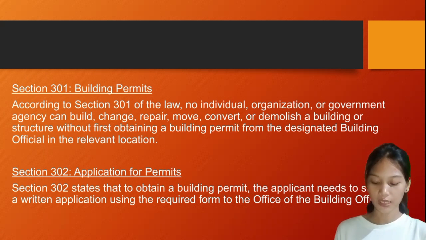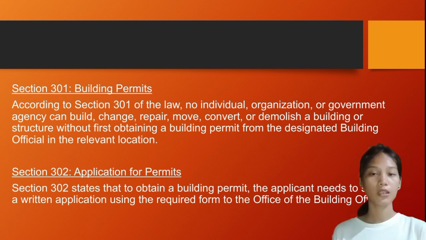Section 302. Application for permits. In order to obtain a building permit, the applicant shall file an application thereof in writing and on the prescribed form from the office of the building official.